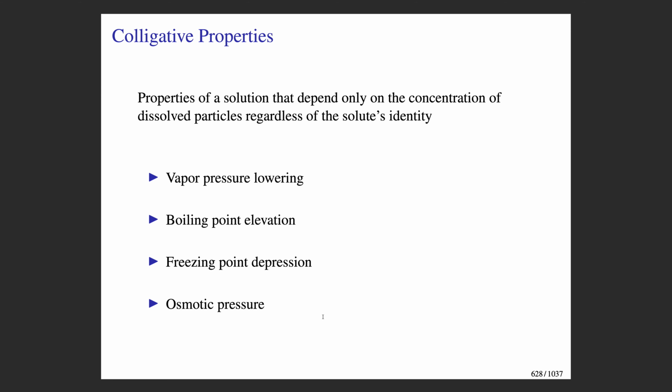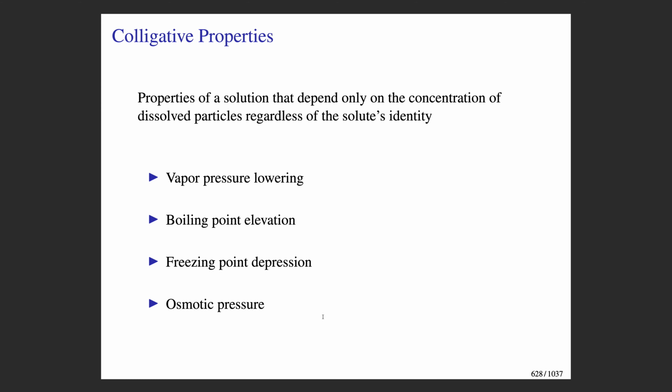And there are 4 colligative properties that we're going to learn about. The first one is called vapor pressure lowering. So I'll remind you what the vapor pressure of a solution is, and then the vapor pressure of the solution is lower than that of the pure solvent. Everybody knows what a boiling point is. So boiling point elevation, that's the temperature at which the solution boils.